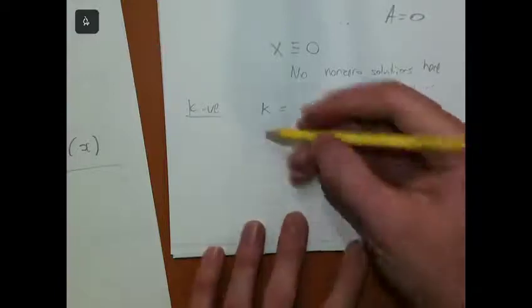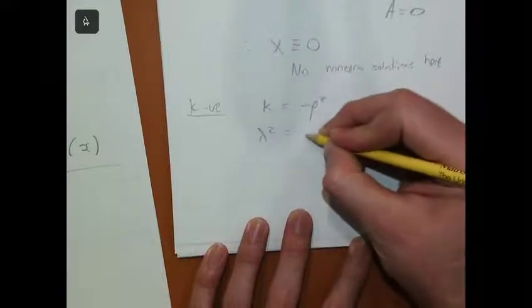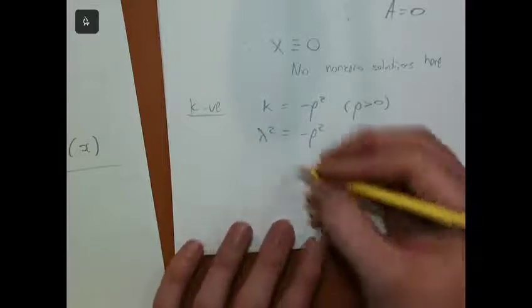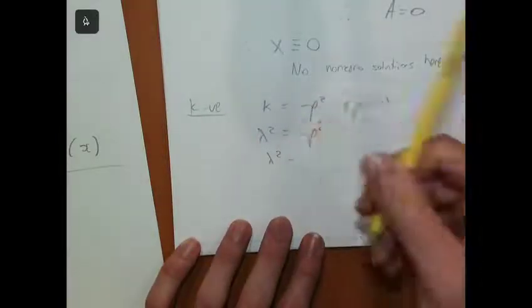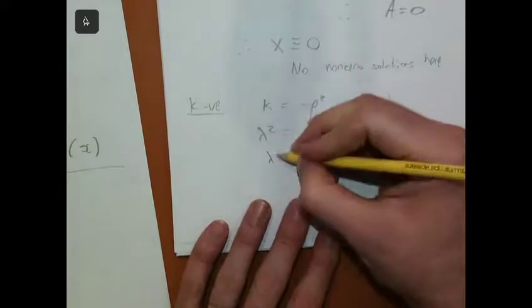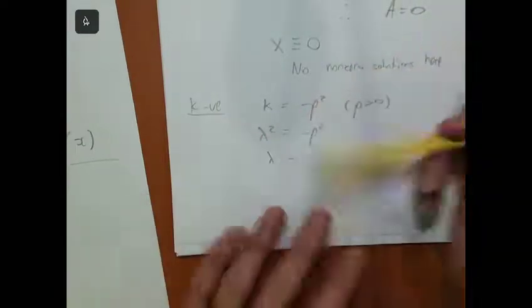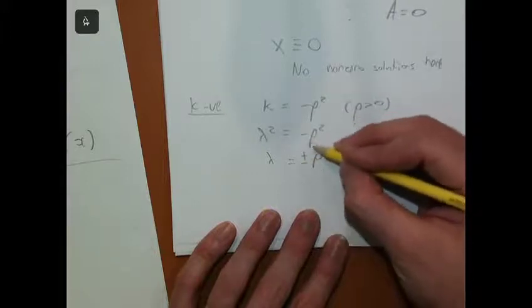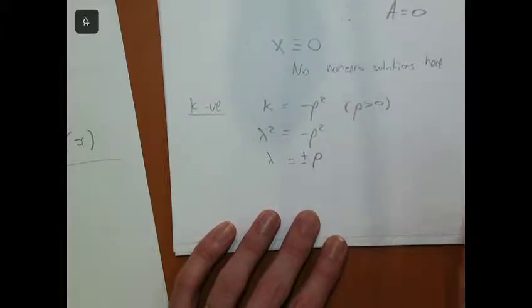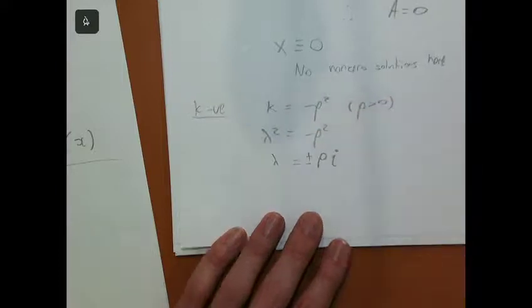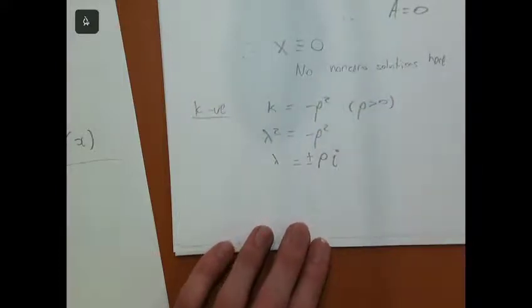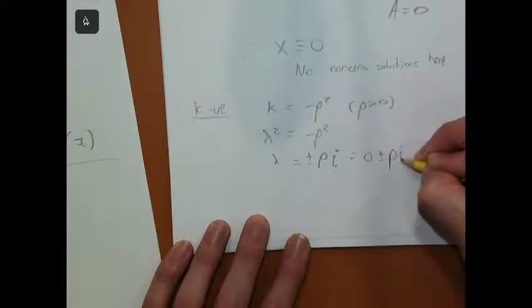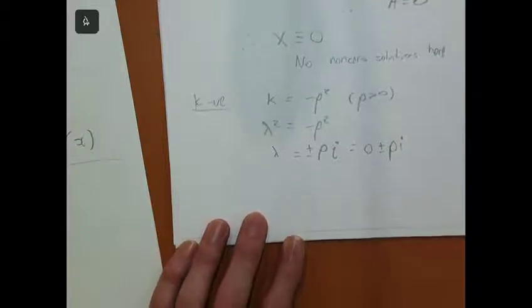So lambda squared is k, which is minus rho squared. And so lambda is plus or minus, the rho squared will square root to give a rho, and the minus will square root to give an i. Now this is 0 plus or minus rho i. That's the Greek letter rho.